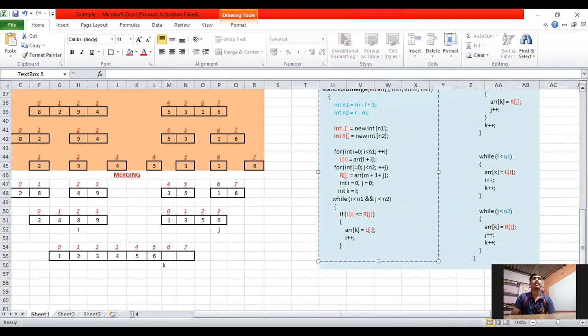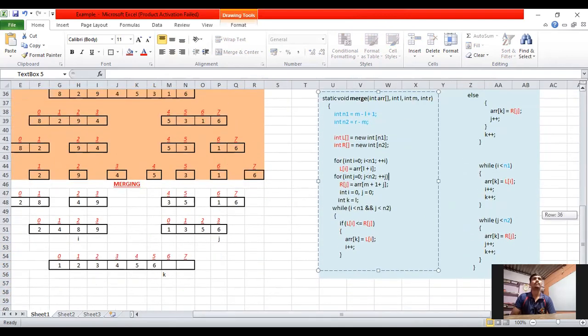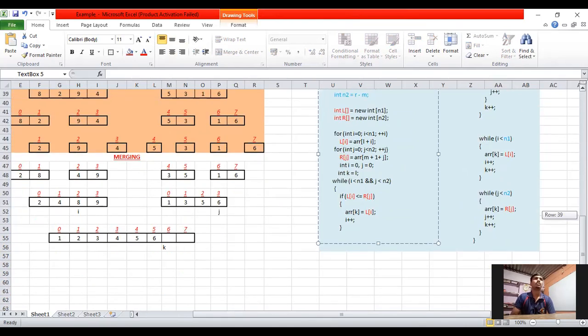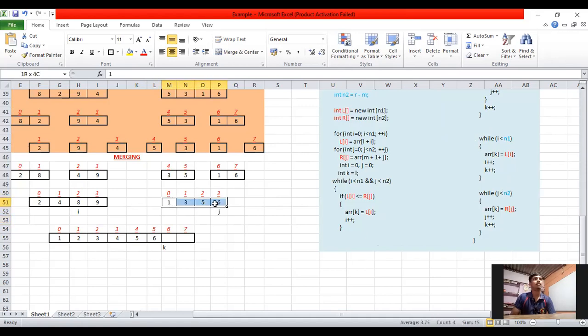So again we go for the else part. Here, suppose the elements of the right hand side are over and the left hand side has remaining elements, then we place the remaining elements of the left hand side as they are.